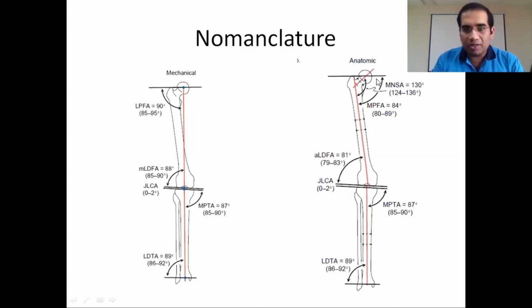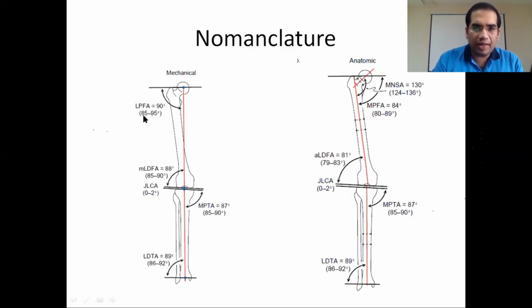And the proximal angle you measure, the medial one, not the lateral one as you did in mechanical axis planning. It is 84 degrees with the mean of 80 to 90 degrees. I think I should repeat: mechanical axis, lateral proximal femoral angle, lateral distal femoral angle.